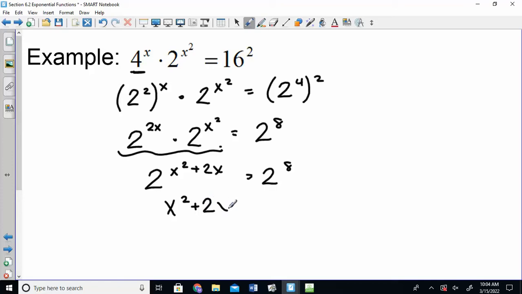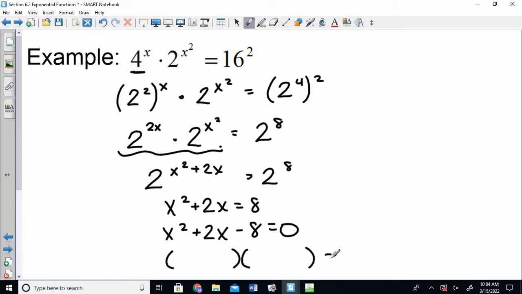So then you can set those exponents equal to one another. Subtract over the 8. What multiplies to -8 and adds to +2? 4.